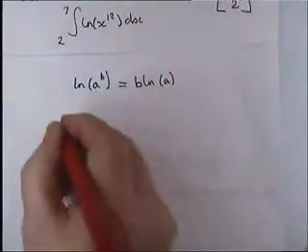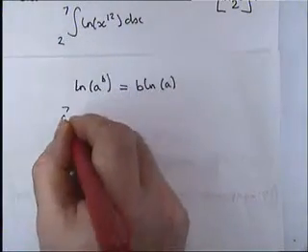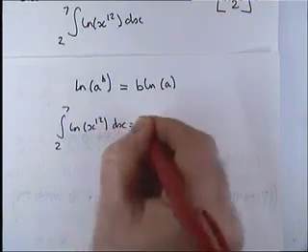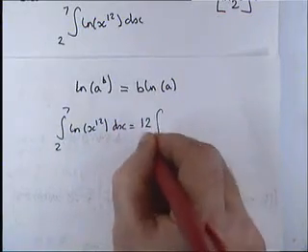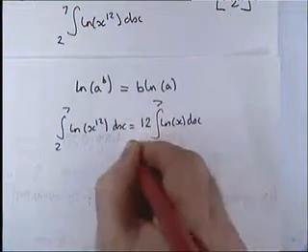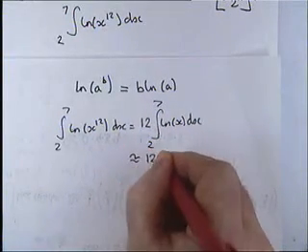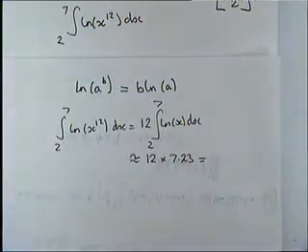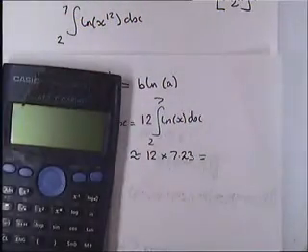So we can rewrite this integral as 12 lots of the integral between 2 and 7 of log x dx, which is approximately equal to 12 lots of 7.23, which you can work out with your calculator very quickly.